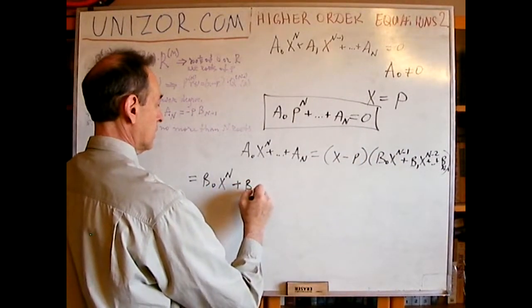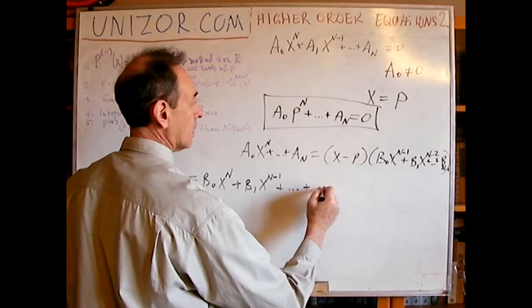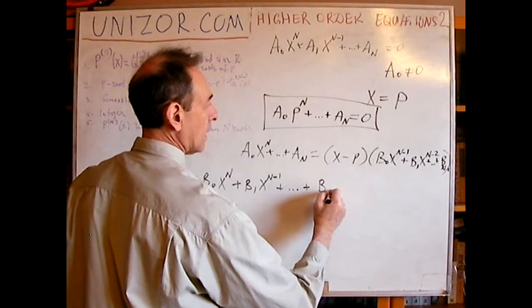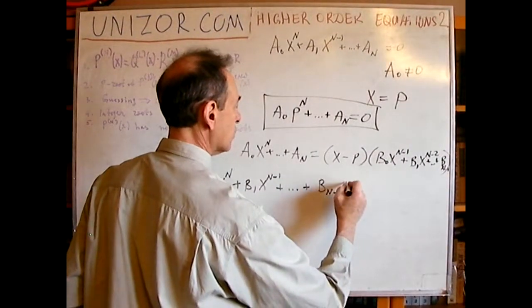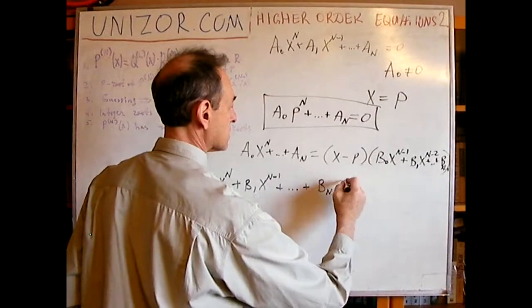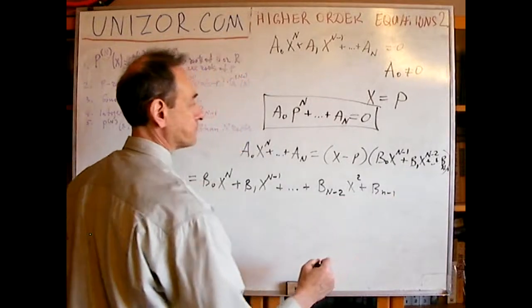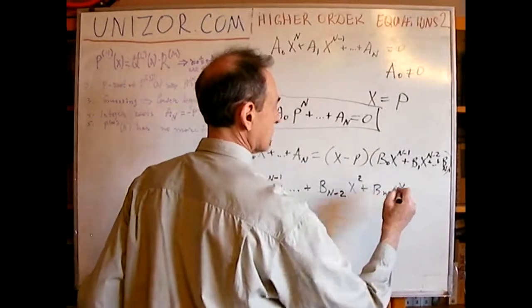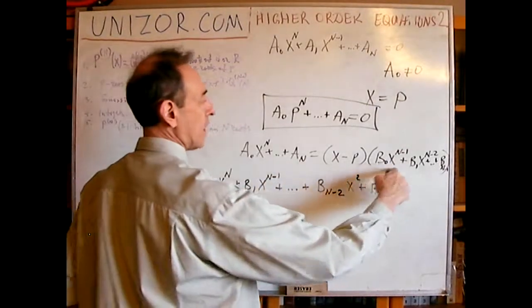Similarly, next one would be n minus 1, etc., and so let's say n minus 2. Before that was x, it was x squared plus bn minus 1 x. That would be if I multiply x by all of these.